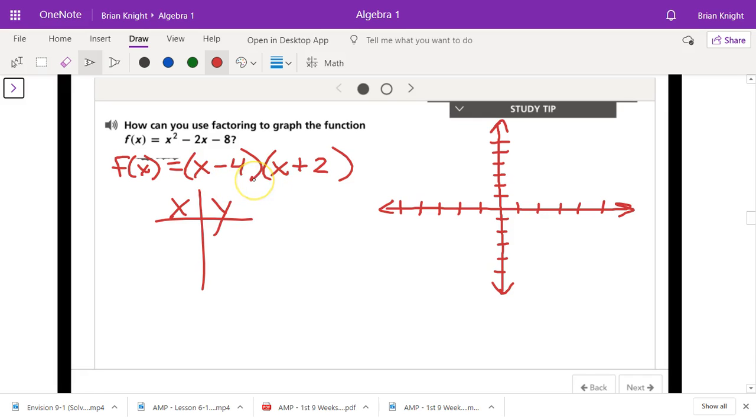I know my two answers are what and what? 4 and negative 2. X equals 4, x equals negative 2. And what is y when x is those? 0. So I know I got (4, 0) and (negative 2, 0). Okay? So right now, I know I got one at 4 and one at negative 2, crossing the x-axis.